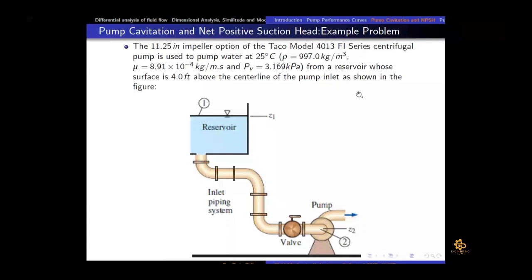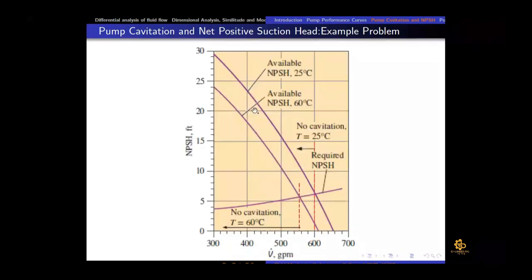So if the water was available at 60 degrees, then the maximum volume flow rate we can have in this pump would decrease from 600 to maybe 550. So it means that cavitation becomes more likely when we have the fluid temperature at a higher value, right?